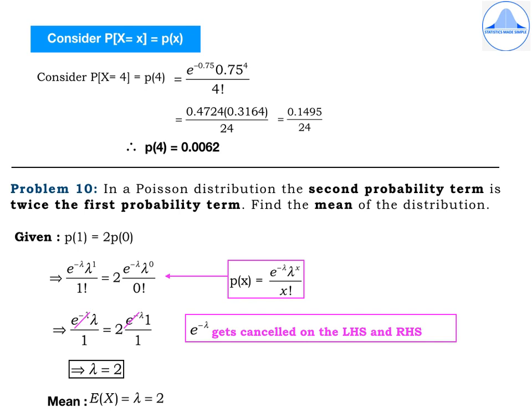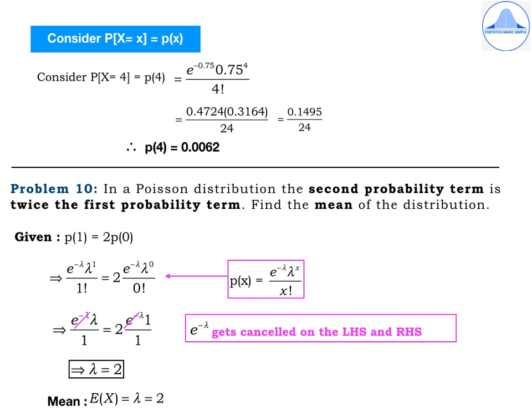So the second probability term means it is p of 1 and the first probability term will be p of 0. So in the question they have mentioned that the second probability term is twice the first probability term. So write in the given part p of 1 is equal to 2 p of 0.